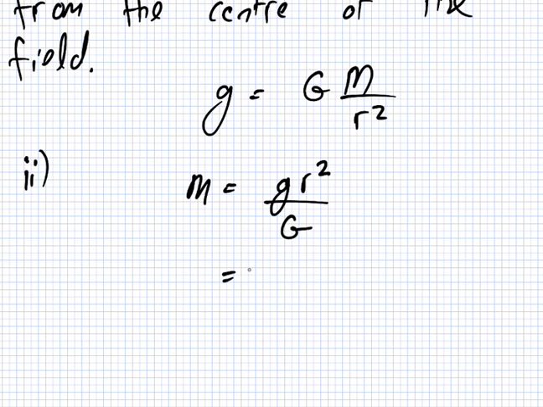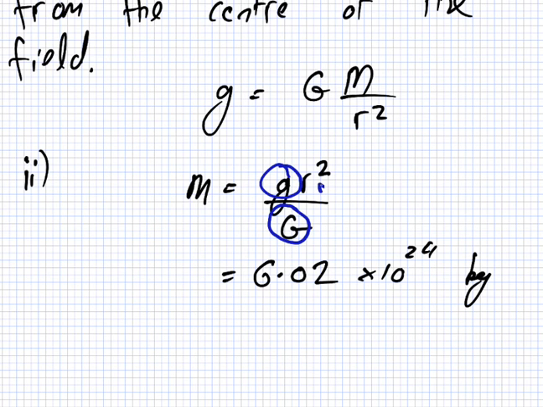The radius. 6400 times 10 to the power 3. So when I put the numbers in, I will get an answer of 6.02 times 10 to the 24 kilograms. So this is 9.81, this is in the formula book, and this is given in the question, so it's okay.